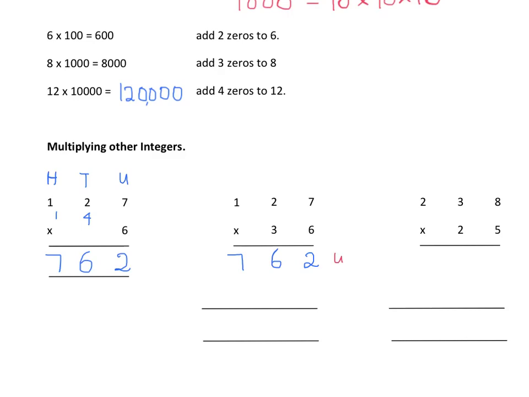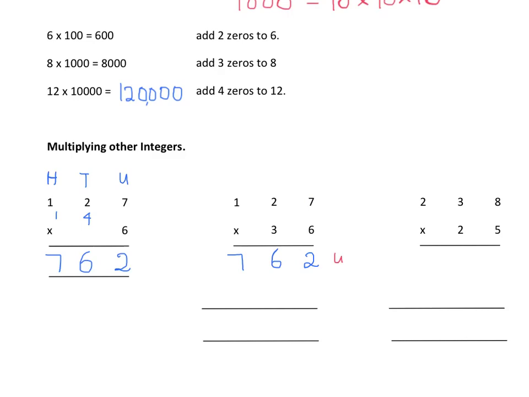Now let's have a look at the next bit. Then we've got 3 multiplied by 127. But the 3 is in the tens column, so it's actually 30. So we're going to begin by saying, well, 30 times 7, well, that's actually going to be 210, isn't it?